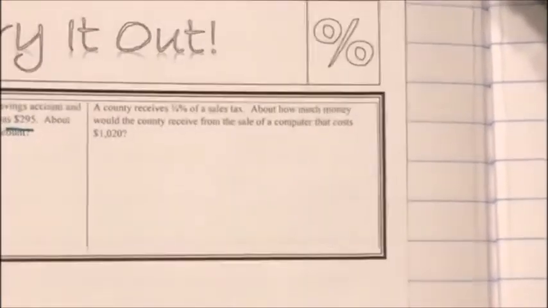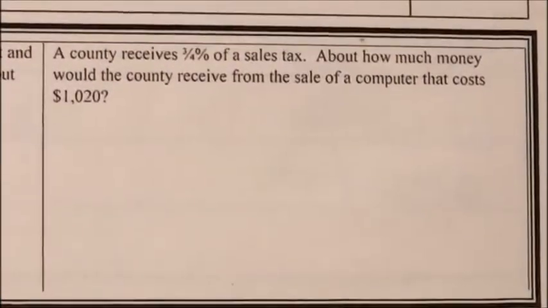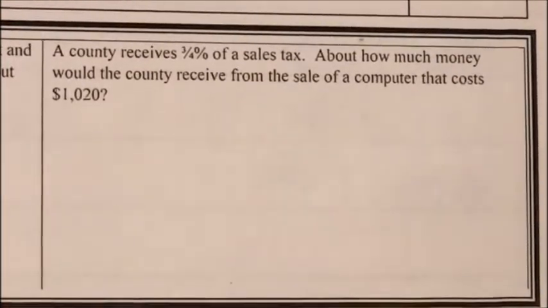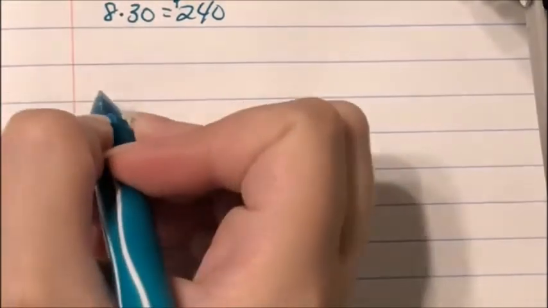All right, the second try it problem states a county receives 1/4% of a sales tax. About how much money would the county receive from the sale of a computer that costs $1,020?